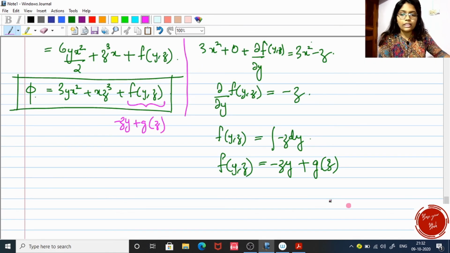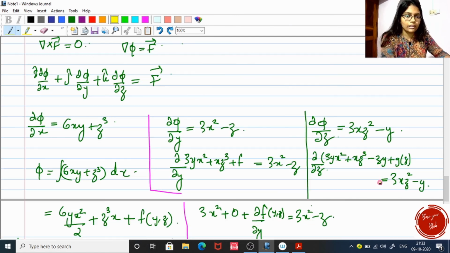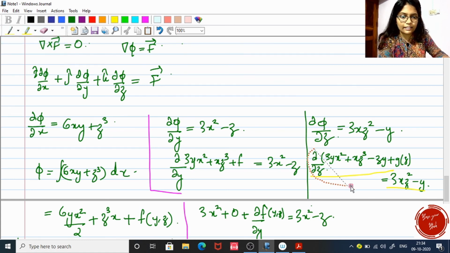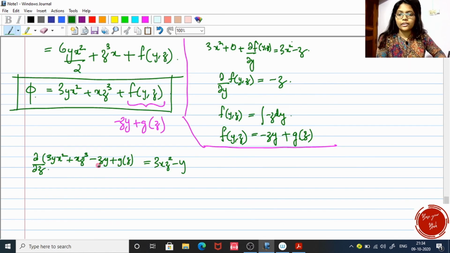Okay, so before that I need to copy this phi over here. I have copied the phi over to the third equation. Let me write it somewhere neatly. Okay, so dou by dou z of this quantity is equal to 3x z square minus y.